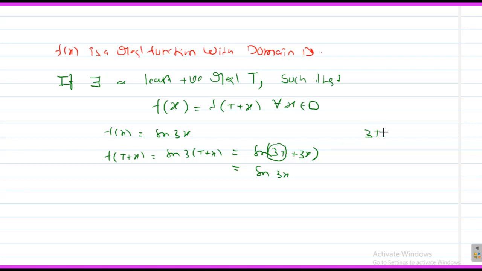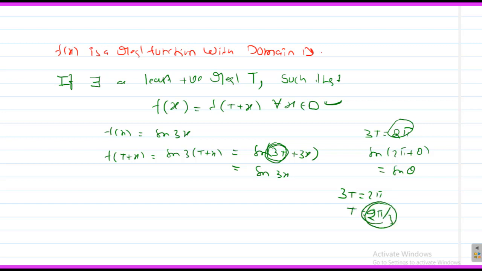Instead of 3t, I can write 2 pi, because sine of 2 pi plus theta equals sine theta only. Understood? Instead of this 3t, you can write 2 pi or 4 pi or 6 pi, anything, but 2 pi is the least. That's why instead of 3t, I write 2 pi, then that function satisfies this condition. So what is the t value? 2 pi by 3. So 2 pi by 3 is the period of this function.